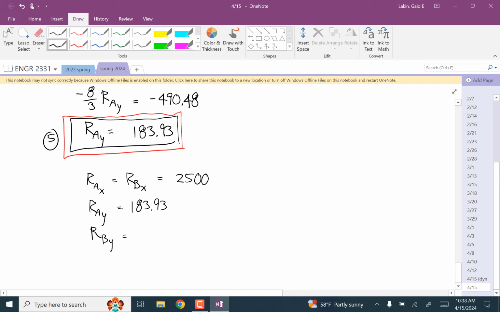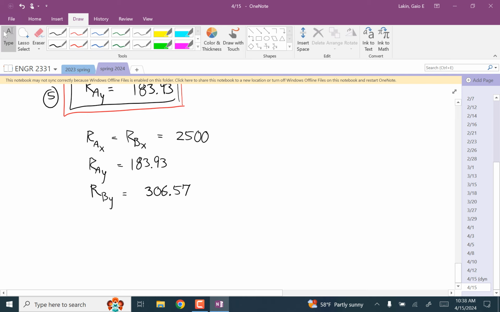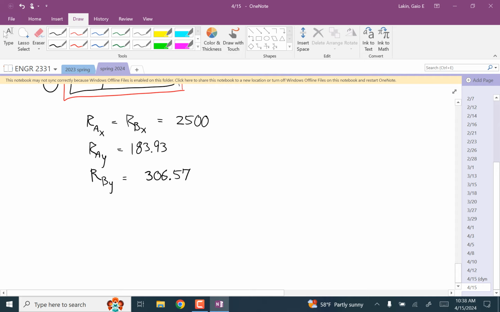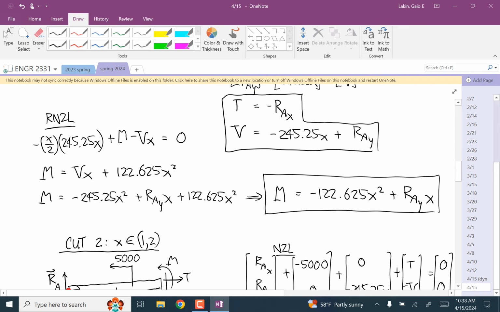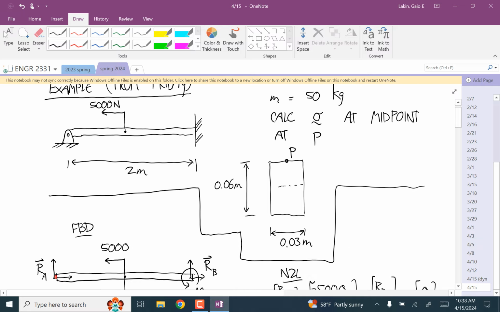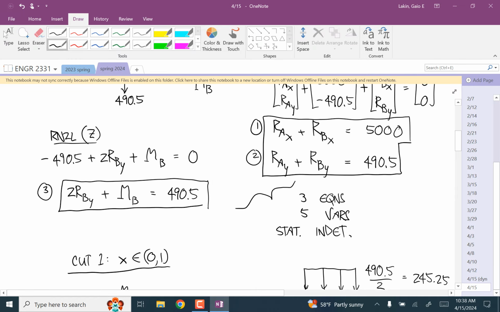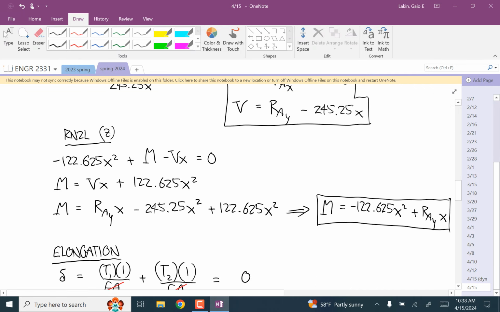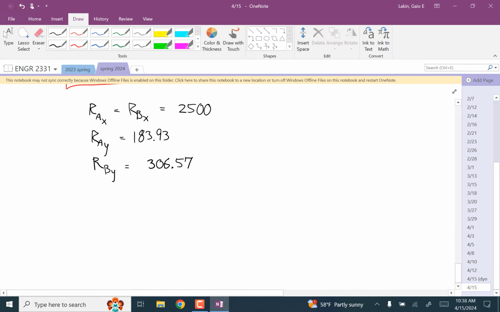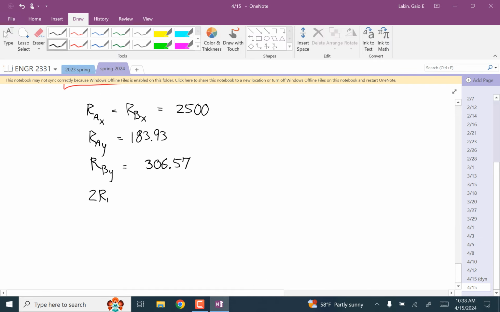So RBY is equal to 306.57. And then last, the moment equation from the statics says 2RBY plus MB is equal to 490.5.